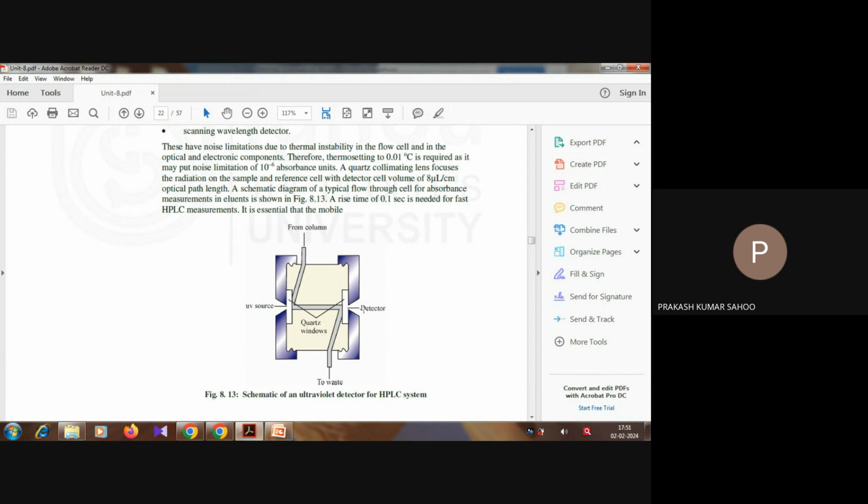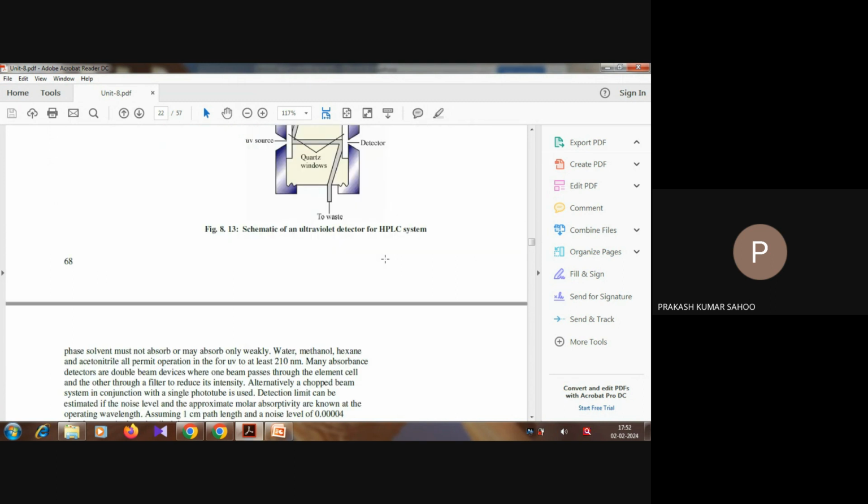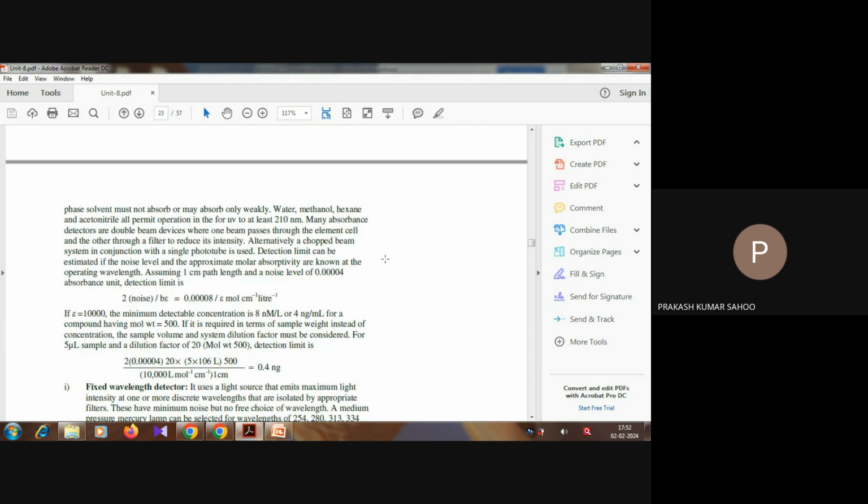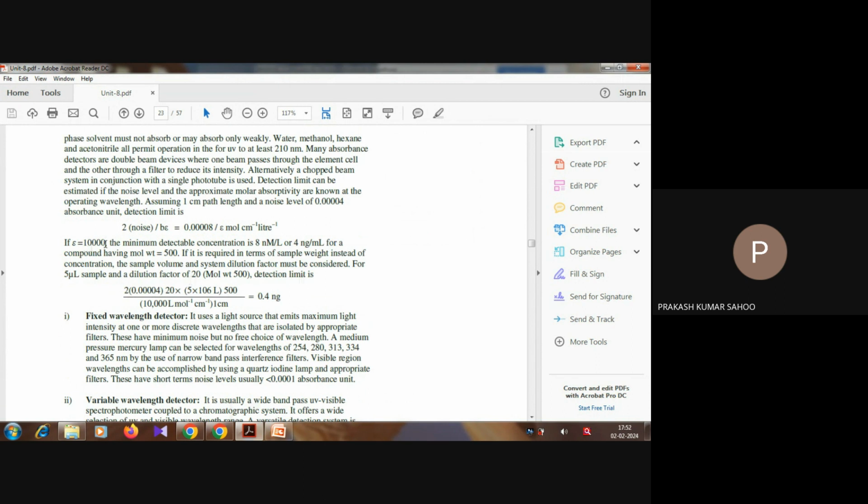For the standard demineralized water, there will be no observance of lambda max, but for your sample, the UV will be absorbed with some positive value of lambda max. Then we have some mathematical calculations here. Just go through these things.